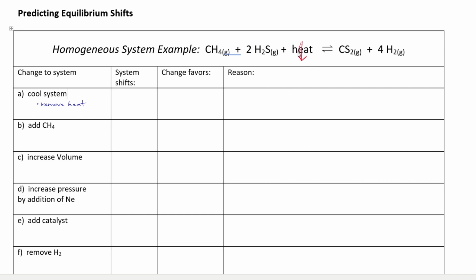So if you remove the heat, the system will shift left to produce heat, because the reaction as you go from right to left will produce more heat, right? So if you take out heat here, the system will shift left to reproduce the heat that was lost. I'm going to just erase that. So as we can see here, the system will shift left and the change favors the reactants.